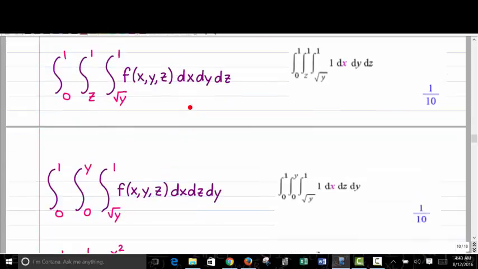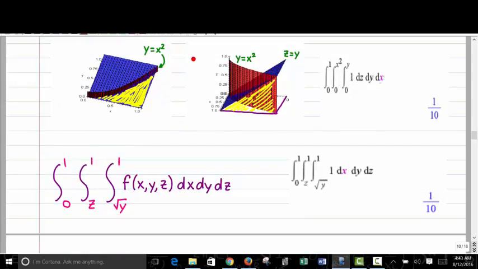We know that x is the square root of y, correct? If you solve for x there. And we know y equals z, so you can actually substitute that. And if x equals the square root of y, it would also equal the square root of z.